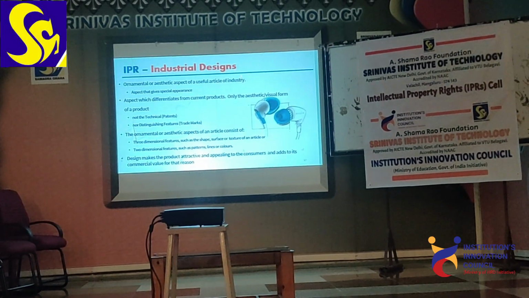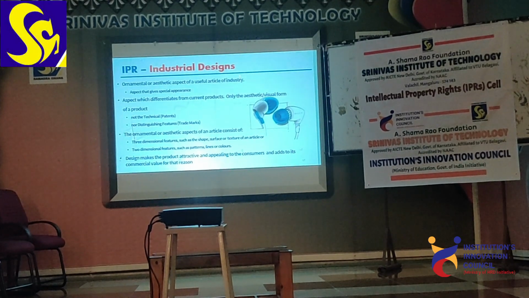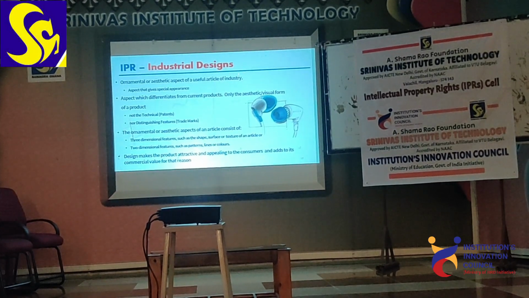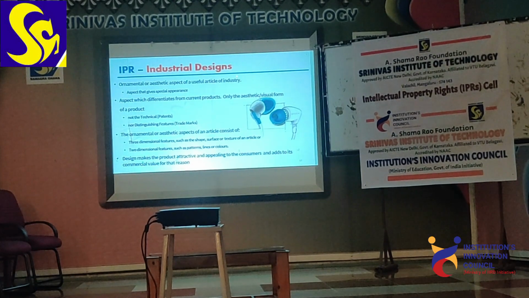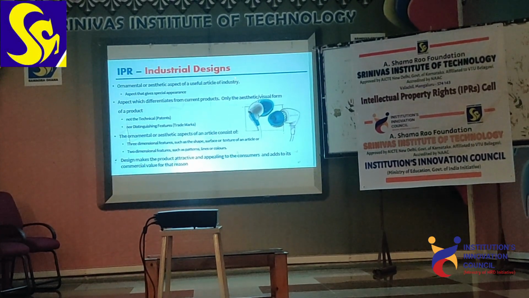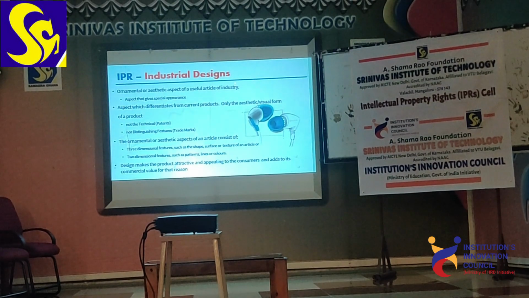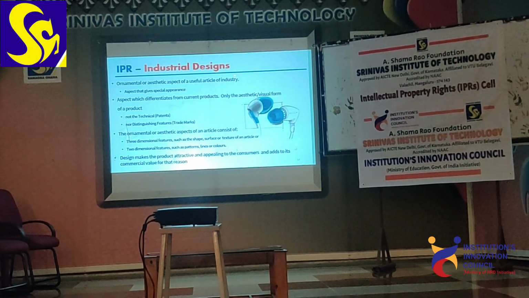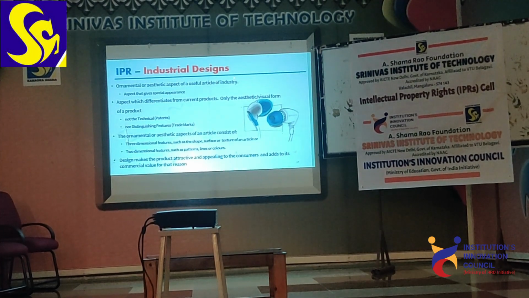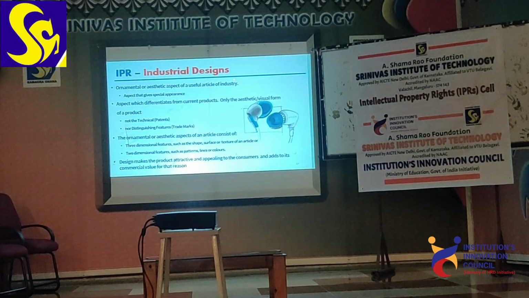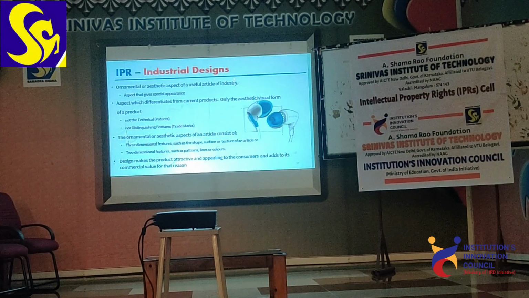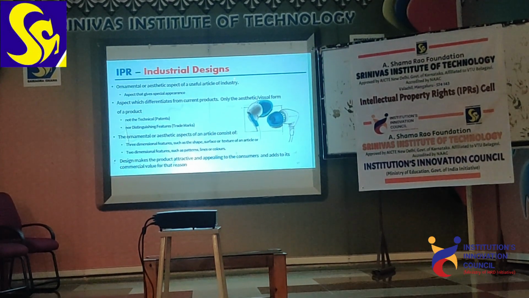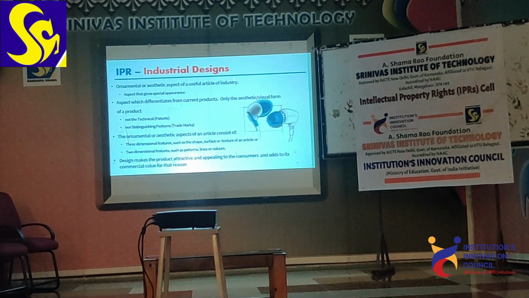Every day you may see a new design of a phone, or different designs for earphones, or different watches, or smart watches with different designs. All those you cannot claim for patents because it's only the design that you're changing. So those are protected under industrial designs.